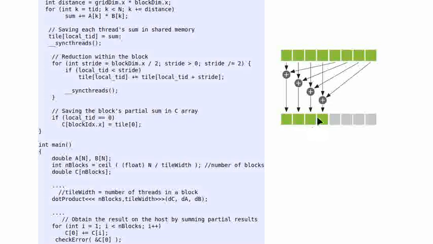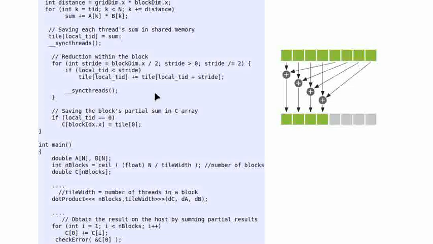Then we continue this process. The next round, this thread will add this and this. We continue as long as the stride is larger than 0. In each iteration we do this sum.